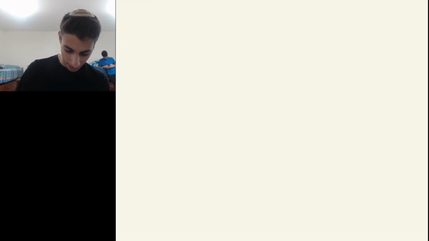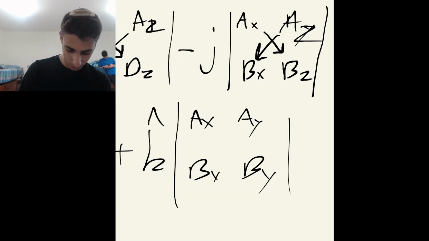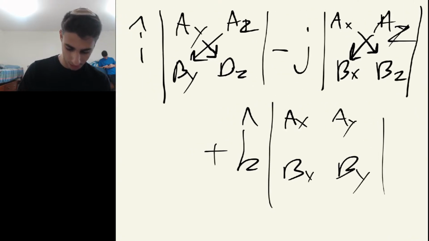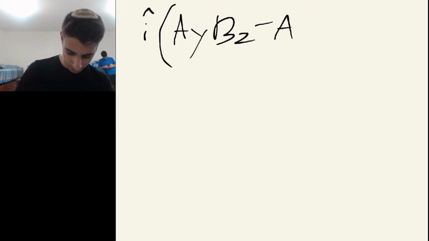So it's going to be i hat times, because that's what we've been doing. And again, this is scalar multiplication essentially, because this is a vector, and then the determinant is going to be a scalar. So i hat times ay times bz. Ay times bz. Minus, and then I guess this is going to be az times by.